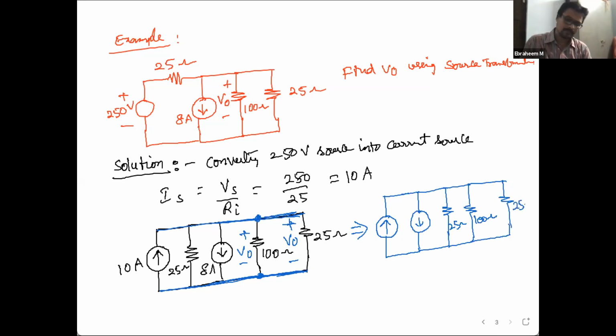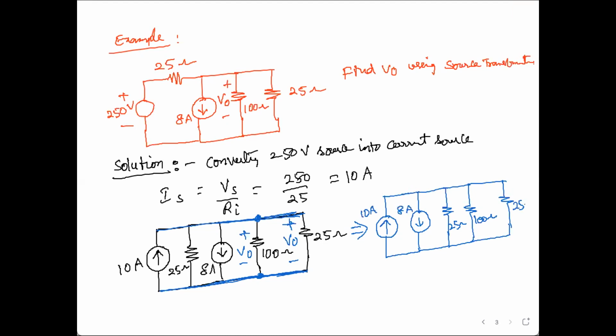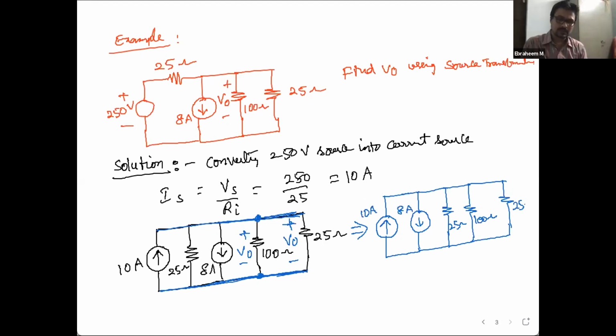This is 10 amperes. This is 8 amperes. We can draw like this. So the net current of these two sources.